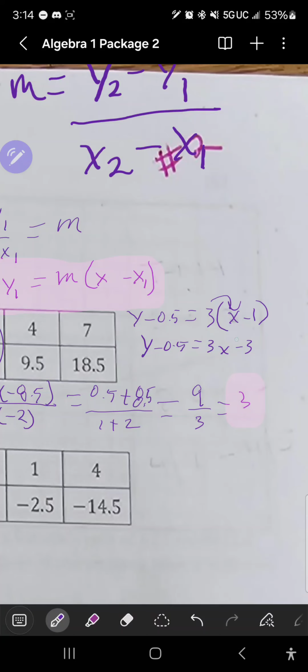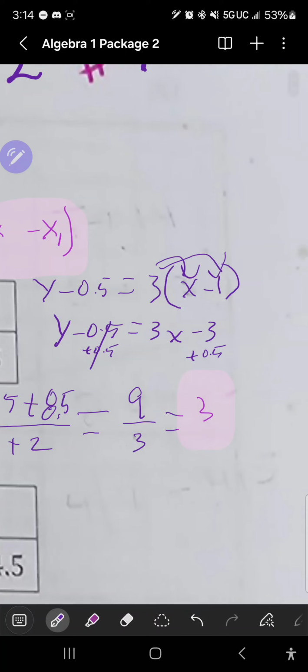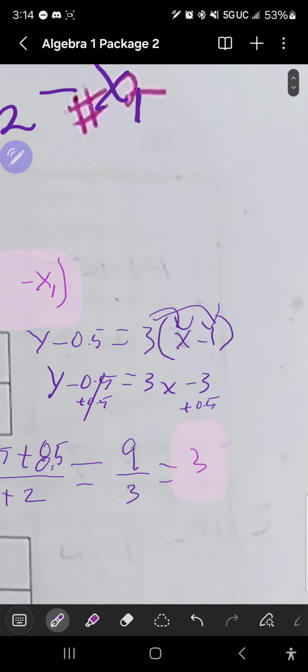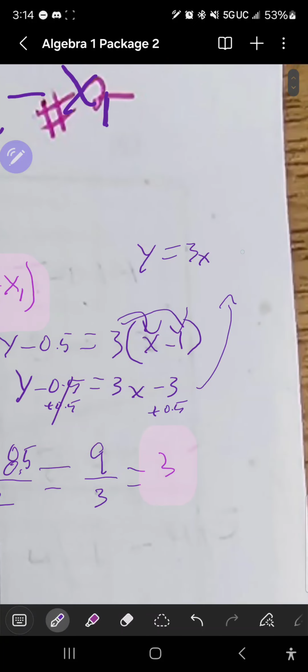So 3 times x is 3x, 3 times minus 1 is minus 3. And now we add 0.5 on both sides. We cancel, and we have y equals 3x. Now, they have different signs, so we subtract them and we get 2.5. And since the 3 is negative, it's going to be minus 2.5. And this is our equation.